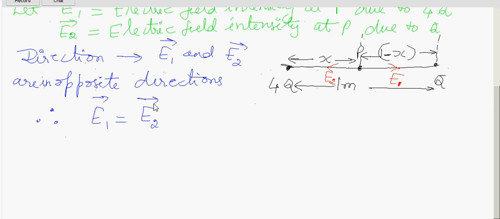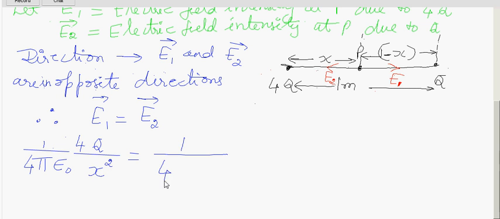We know the formula to calculate E1. 1 by 4 pi epsilon naught into the charge 4q divided by x square, equal to 1 by 4 pi epsilon naught into q by (1 minus x) whole square.